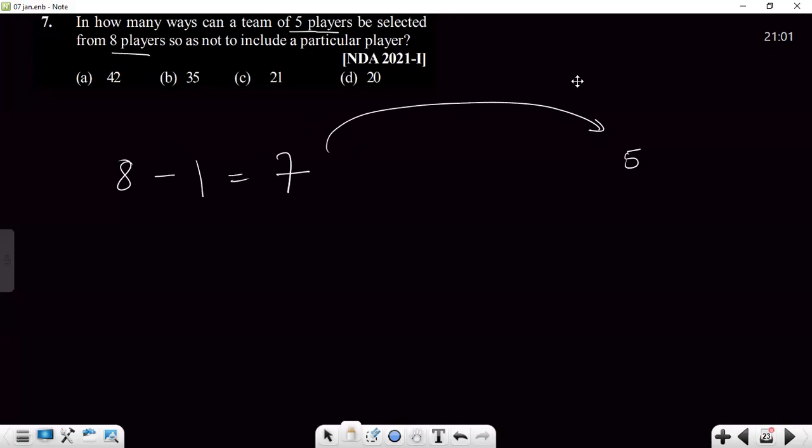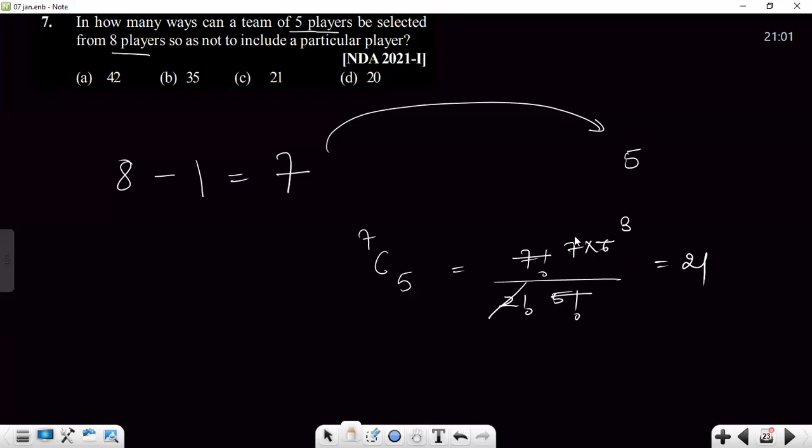Okay. So now we have to make 5 selections out of 7. 7C5, right? 7 factorial upon (7 minus 5) factorial, that is 2 factorial, into 5 factorial. 5 factorial cancels, 7 into 6 by 2, 2 cancels 6 by 3, 7 into 3 becomes 21.